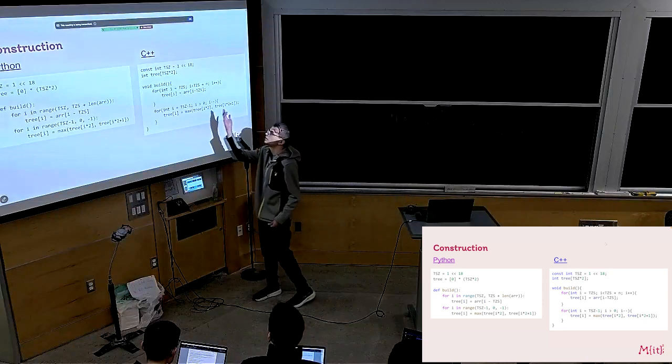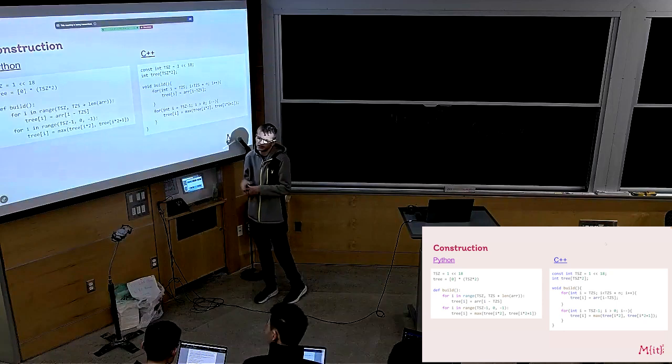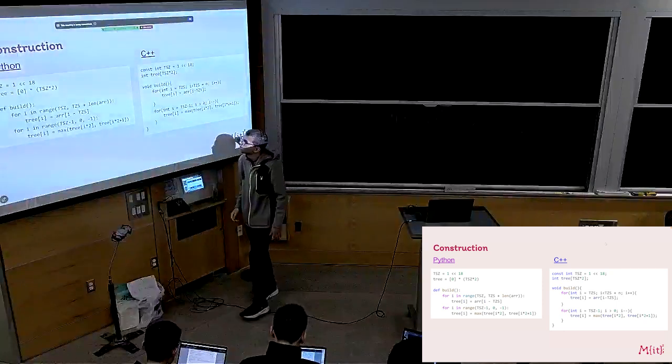In these implementations, I just hard-coded those values. You could also take the log base 2 of the array length to calculate the power of 2, but that's not too important.